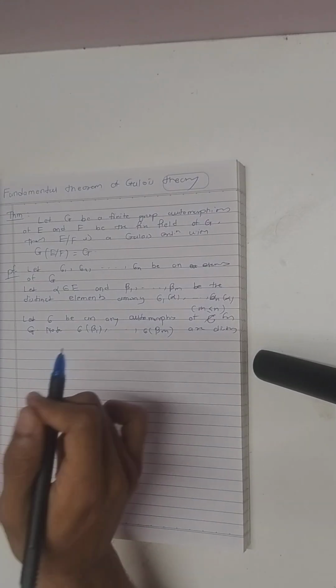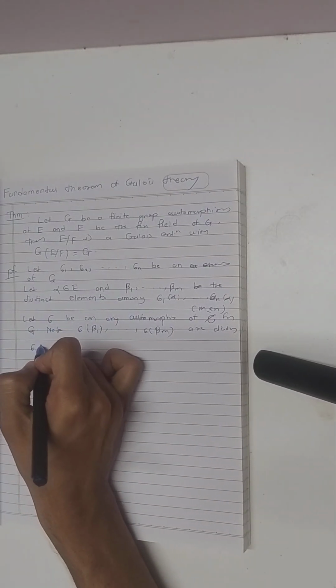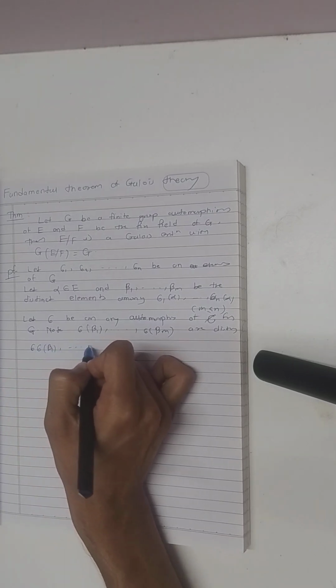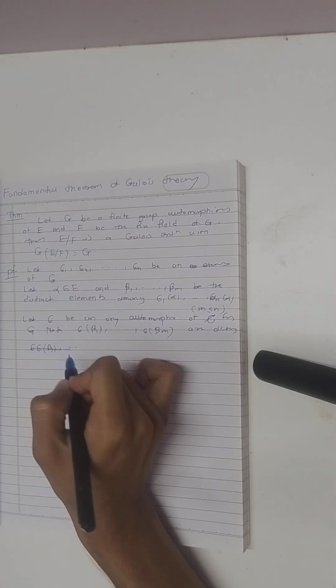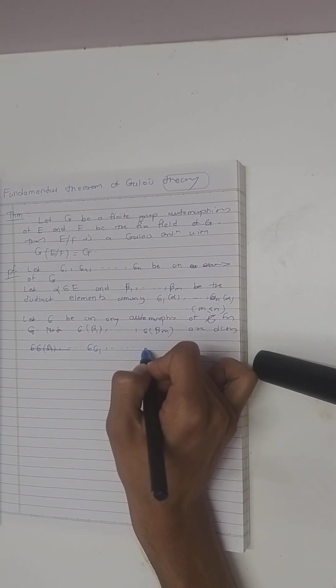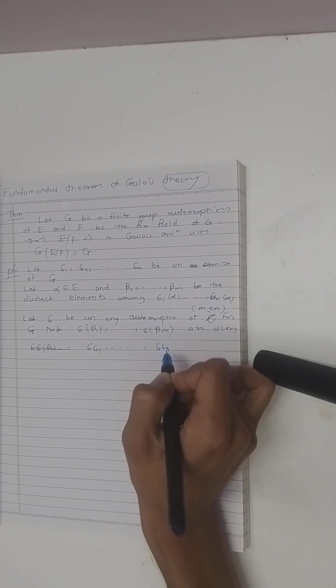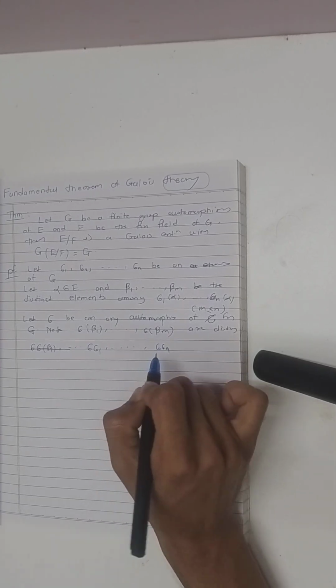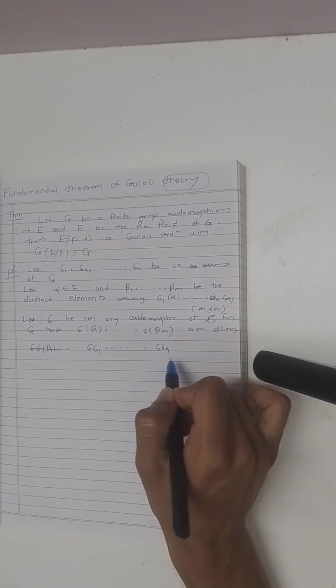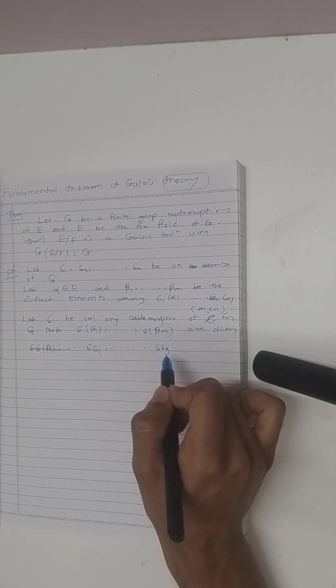Okay, so these are the distinct automorphisms, and also we can note that the compositions sigma sigma 1 to sigma sigma n are also distinct because sigma 1 up to sigma n are distinct.